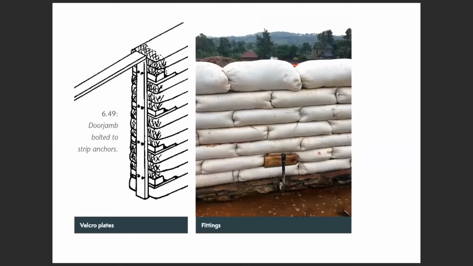The other important part is the fittings, fixtures, doors, windows. How do we fit these in such a way that they are safe and not easily movable? Of course, in normal brick and mortar construction, it's very easy to drill and fix something in a wall. But in this case, the material within these bags will not be strong enough to hold fittings.